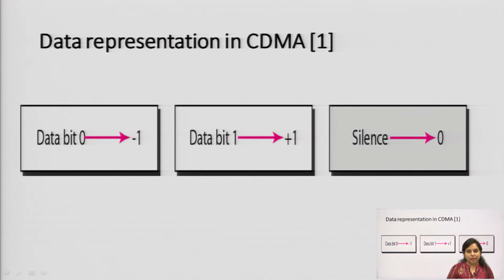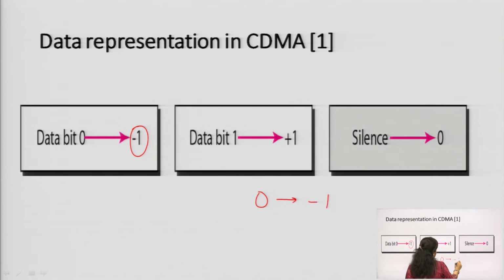And data representation: if a user has to transmit, because everything that is transmitted is in terms of data, bits only. So, if a 0 bit has to be transmitted, then it has to be denoted by -1.